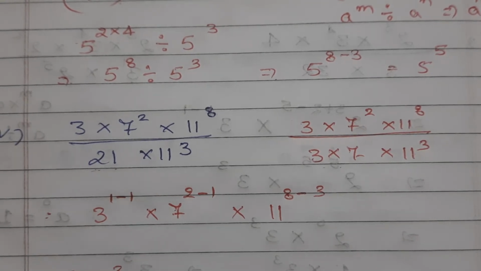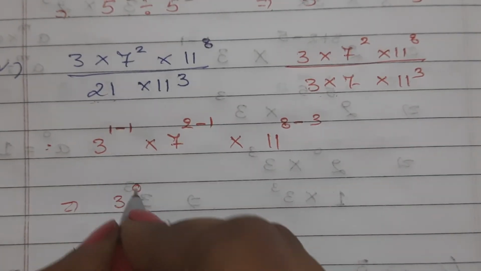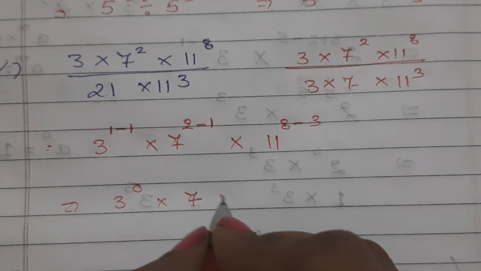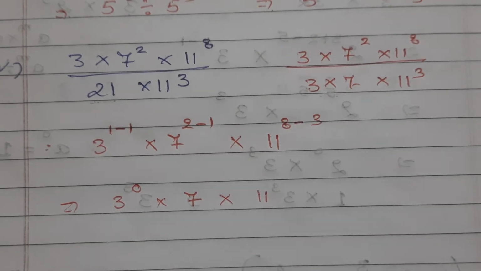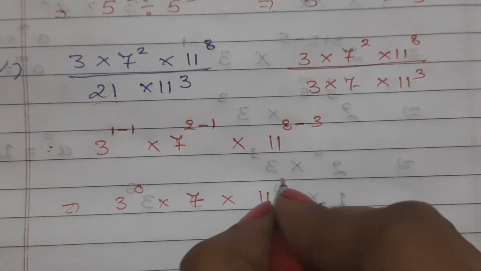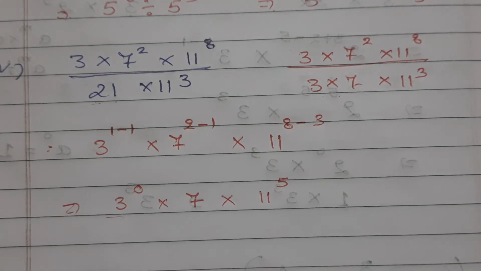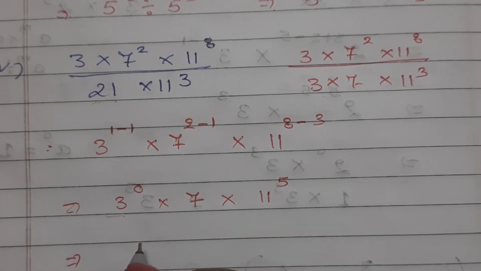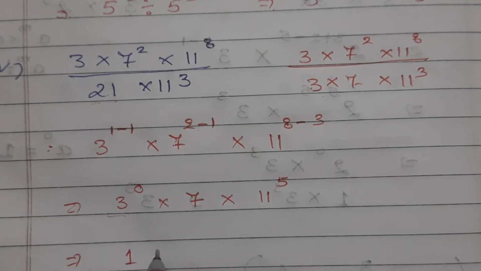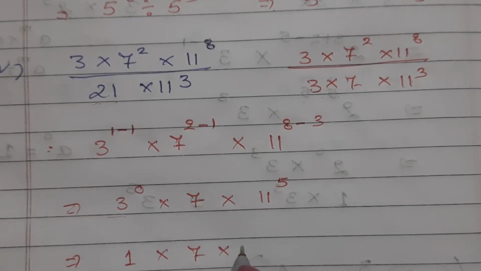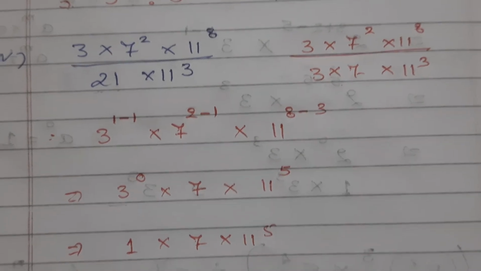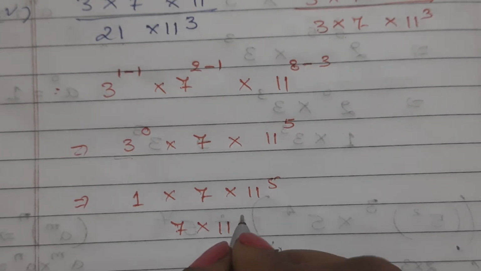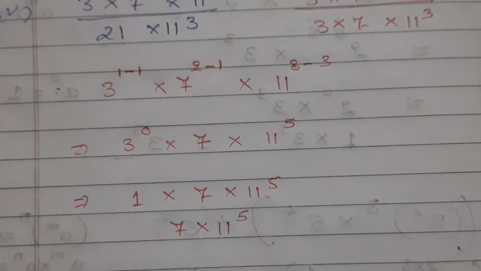So it will be 3 to the power 0 into 7 to the power 1 into 11 to the power 5. Now here, as you know, 3 raised to power 0, anything with the power 0, its value will be 1, into 7 into 11 raised to power 5. So the answer will be 7 into 11 raised to power 5.